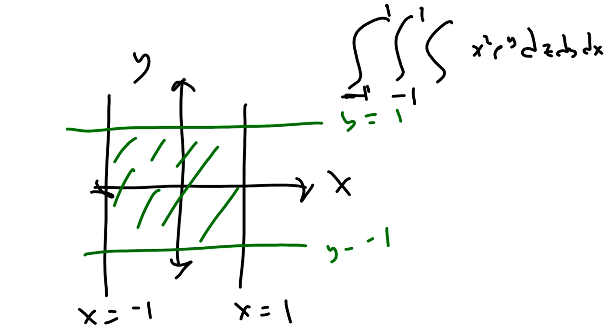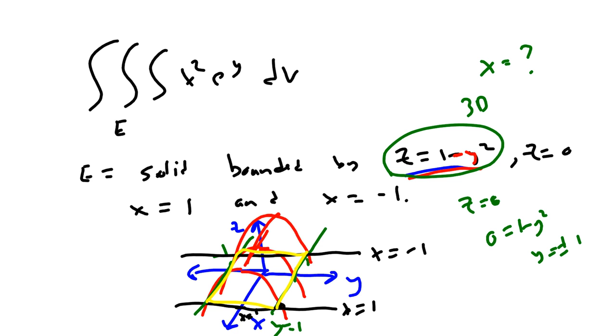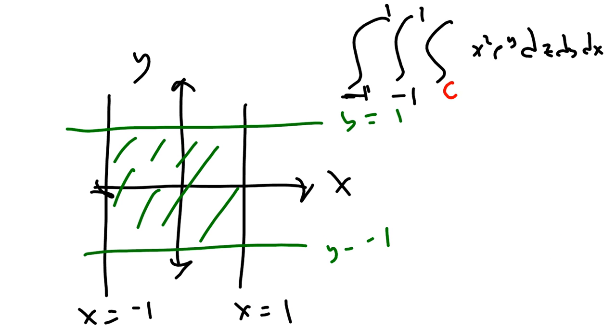And they tell us that we're staying between z equals 0 and z equals 1 minus y squared. So I could put that here, 0 and 1 minus y squared. And that's it. So that's the process of setting up the triple integral. It's good to look at the region from above. Actually, it makes it easier. Okay, let's go compute this integral.